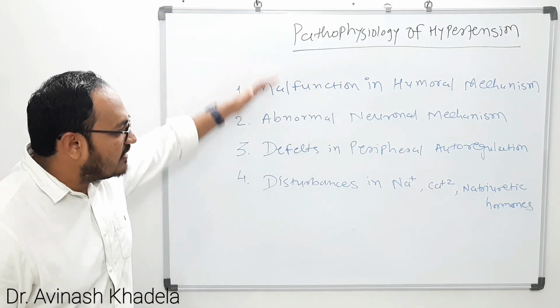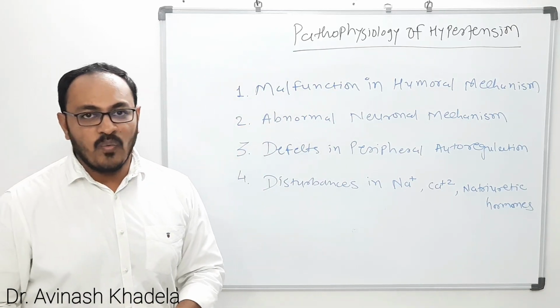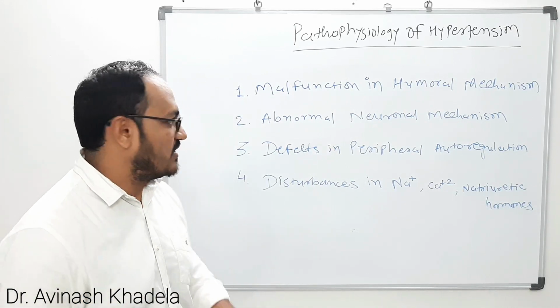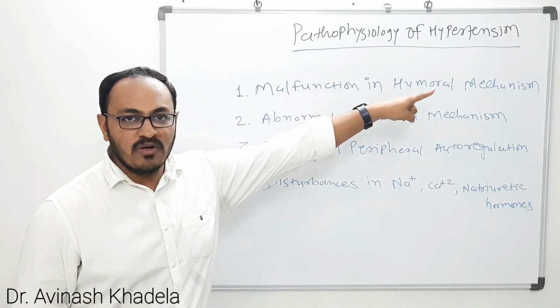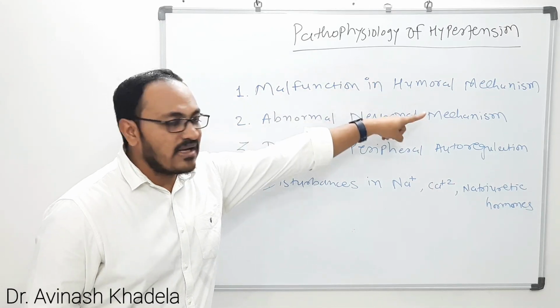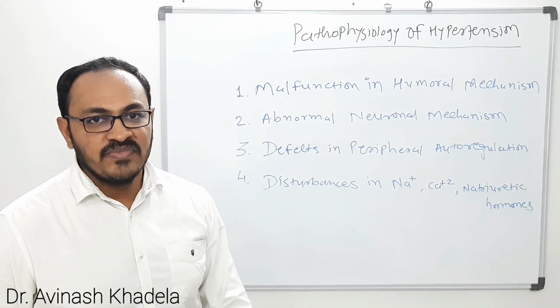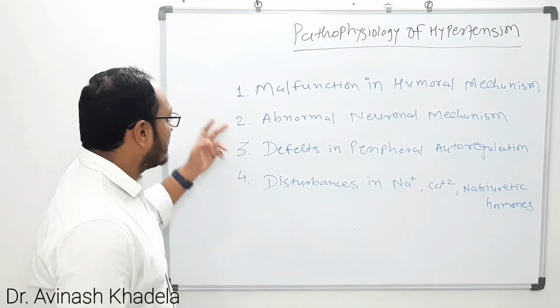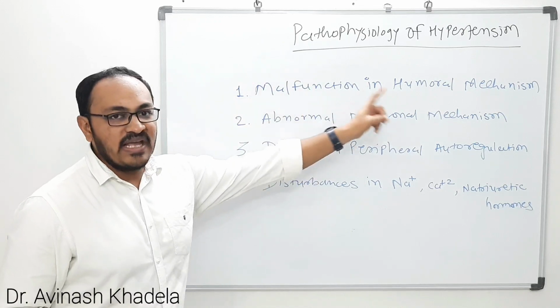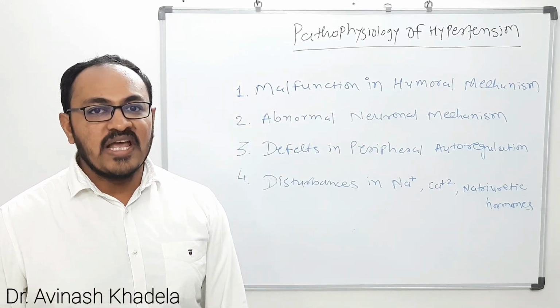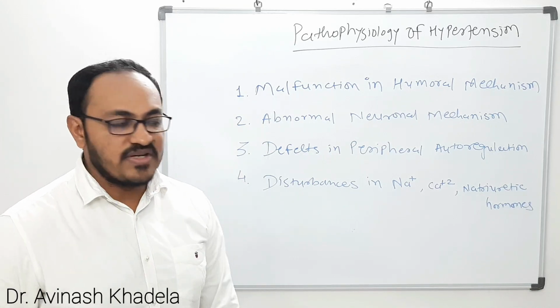So I have narrated the four different mechanisms responsible for continuously elevated blood pressure. The first is malfunction in the humoral mechanism. As I said, the humoral mechanism is mainly focused on the renin-angiotensin-aldosterone system, in short, the RAAS system. Second is abnormal neuronal mechanism, where sympathetic and parasympathetic pre- and post-ganglionic neuronal secretions affect the blood pressure.